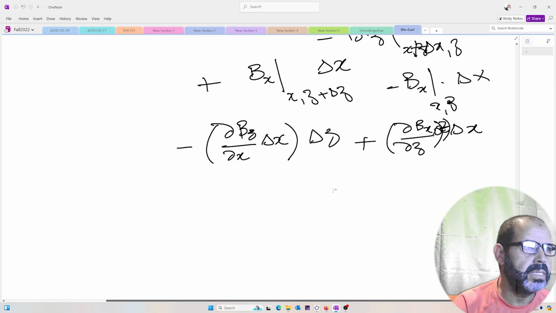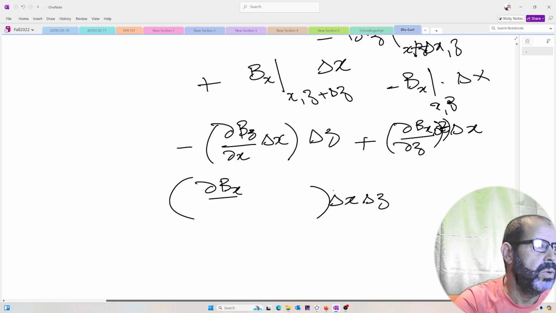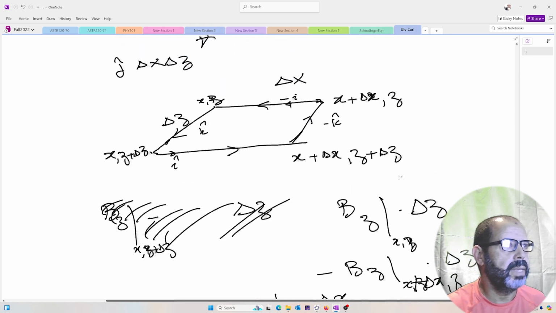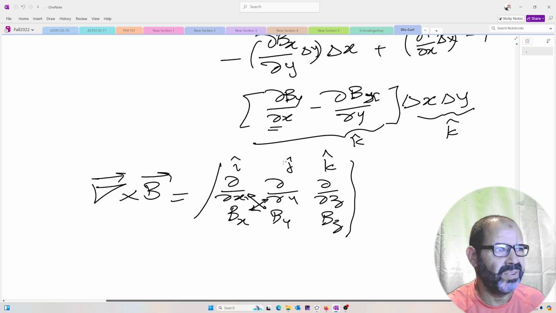Delta z is inside the parentheses. Delta x, delta z is the size of this area, so we're going to pull it out, times the difference between the partial of bx with respect to z minus the derivative of bz with respect to x. Again, this looks like I'm picking up the y component of the cross product, because in the y component of the cross product there is a minus that flips the order.